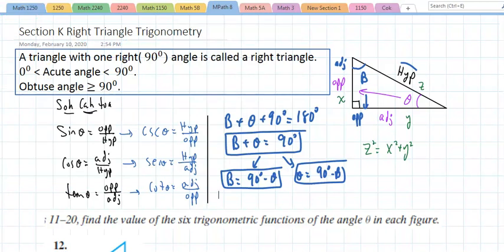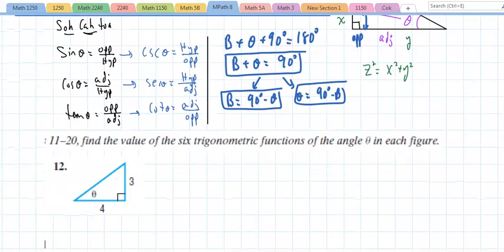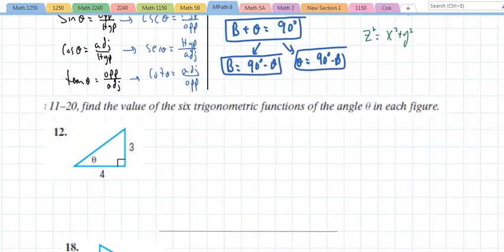So we start with a very basic problem, number 12. It says, find the value of the six trigonometric functions of the angle theta. There's theta. As far as theta is concerned, this is the opposite, this is the adjacent, and this is the hypotenuse. And I know from Pythagorean that the hypotenuse squared equals the adjacent squared plus the opposite squared. 8 squared equals 16 plus 9, which is 25.